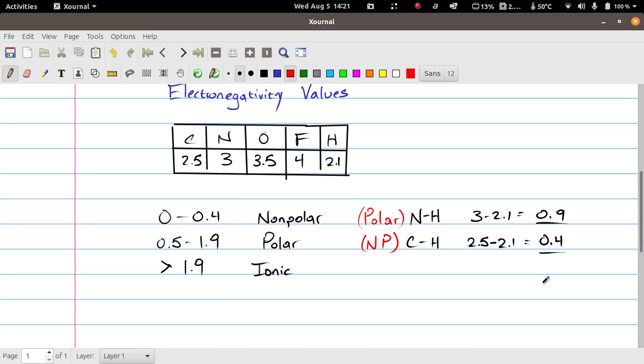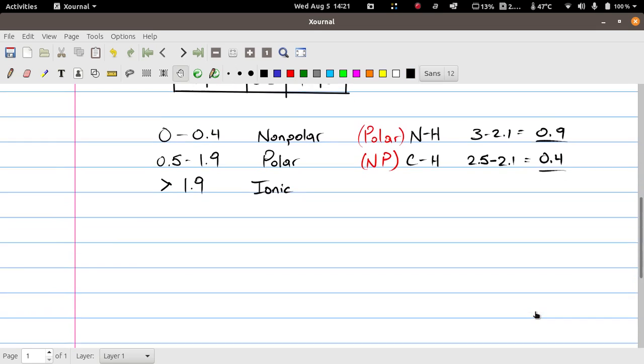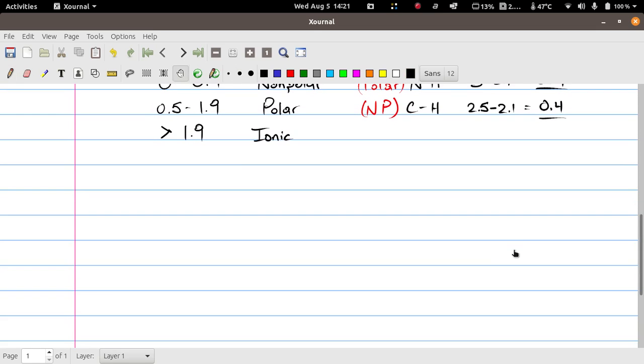Now, this is important because we're going to be talking about the different types of intermolecular forces. All right, so our first one is dispersion, which has a few different names, and I'm going to write all of them down.